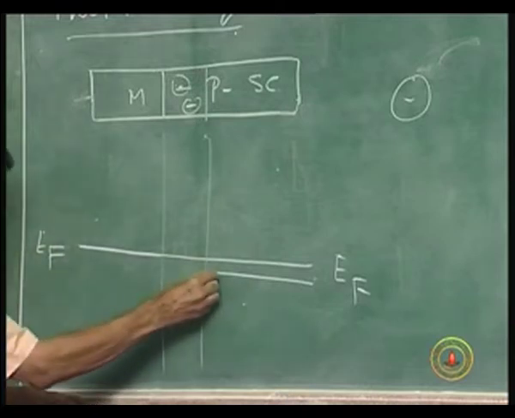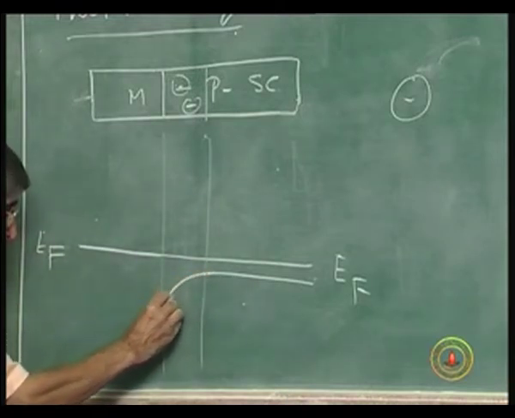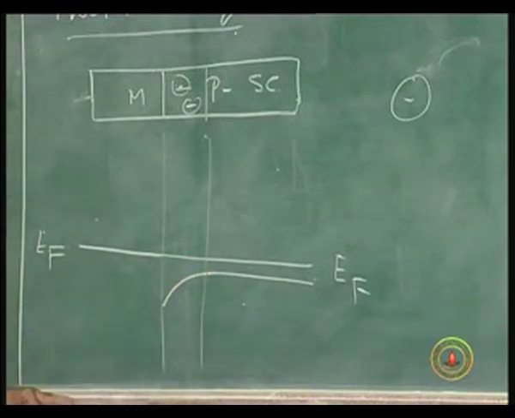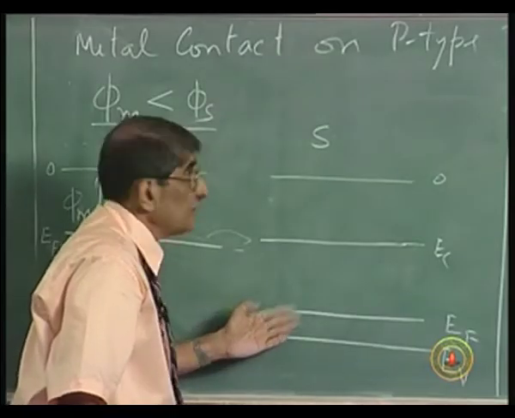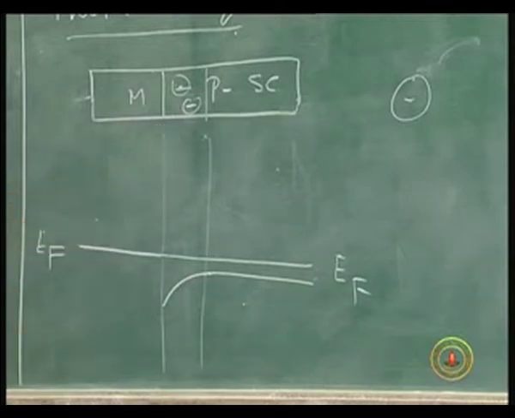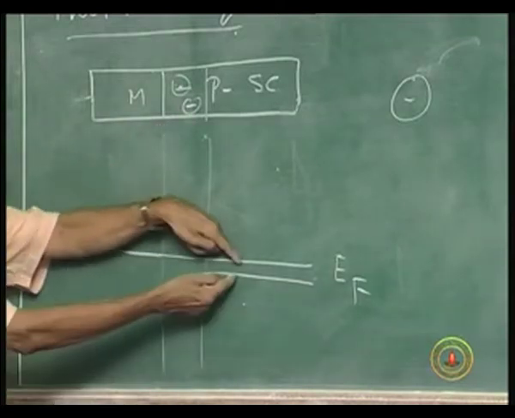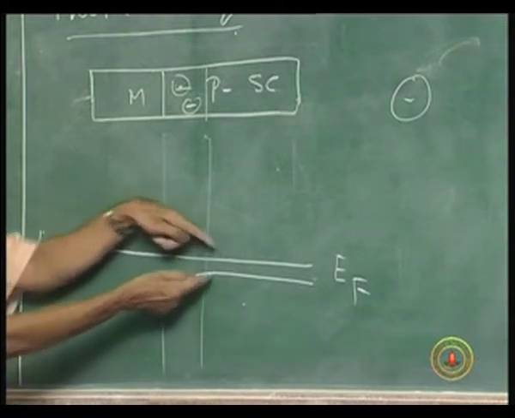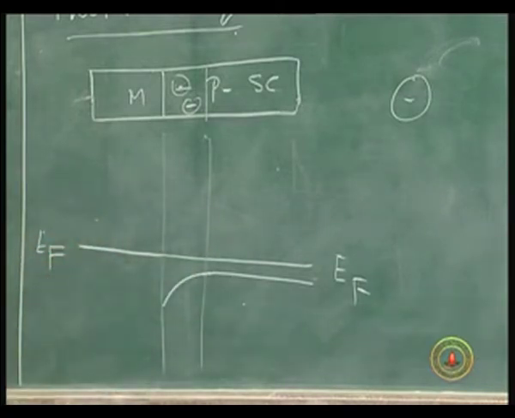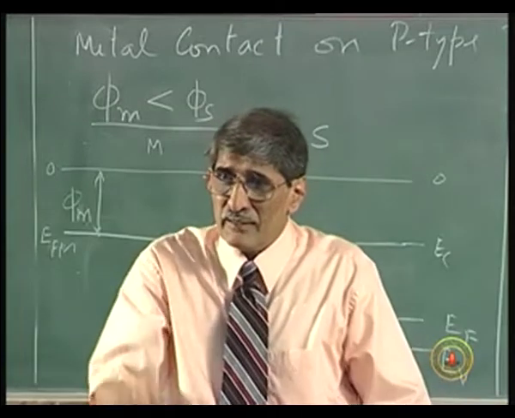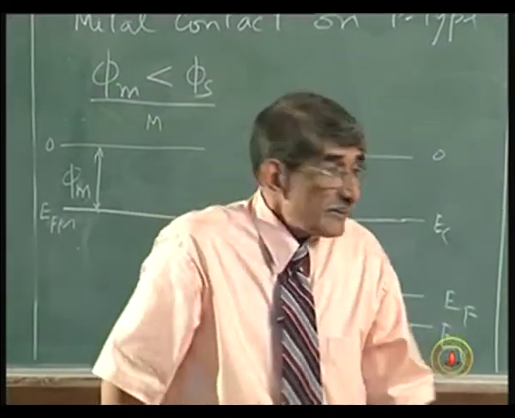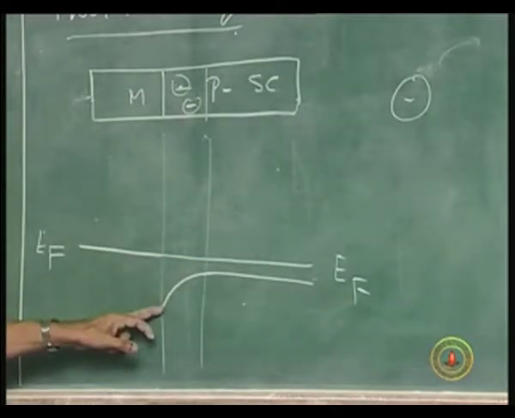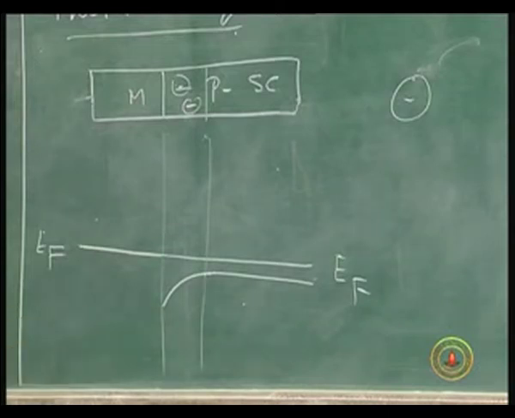So, this has gone up, and now here it will bend down like this, because electrons have gone in there. It is a depleted layer, or less p type, and the conduction band to valence band gap increases. When you say depleted, it is less p type. The mobile holes become smaller and smaller in number as you move away. It may not be 0, there will be some holes, but it is very small.